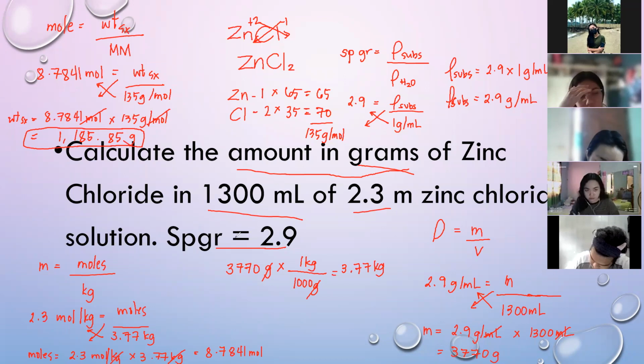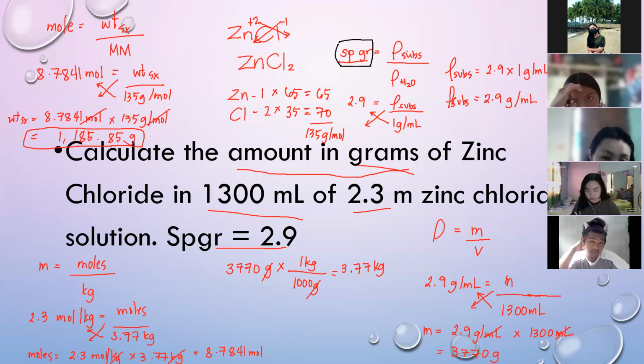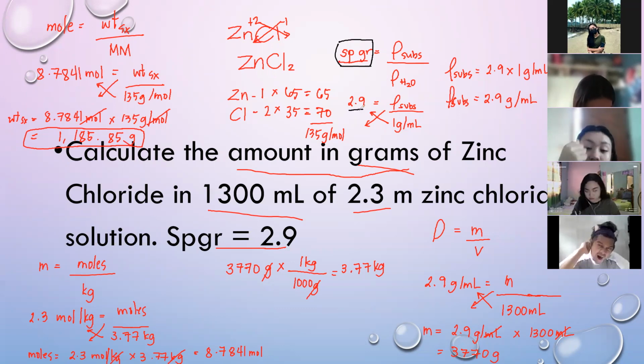So ano ang una nating ginawa? Kinonvert muna natin, kinuha muna natin yung density of the substance dito. Do not forget the formula, density of the substance divided by density of water. Given yung specific gravity ng substance natin, yung density ng water, constant yan siya, automatic 1 gram per ml.